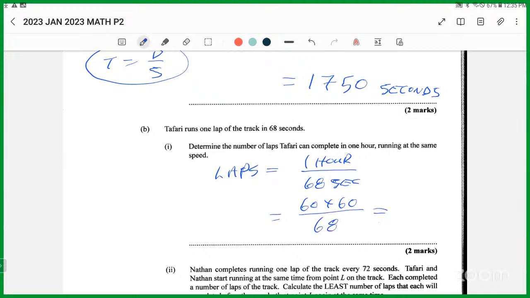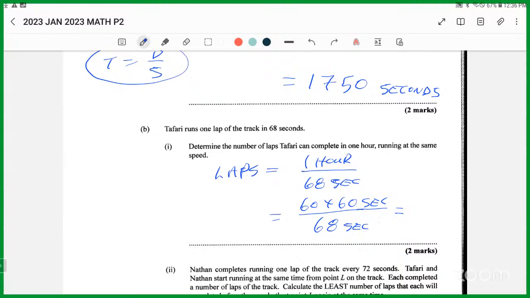What does that work out to? This is seconds now, divided by seconds, so the units cancel. What did I get? Determine the number of laps you can complete. We get 52 point something.